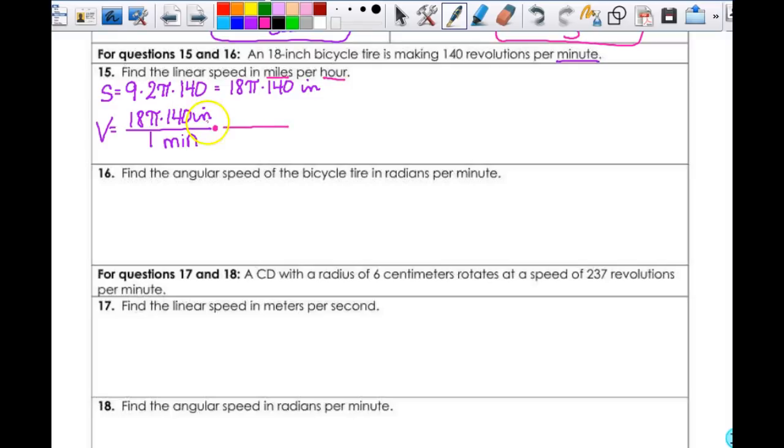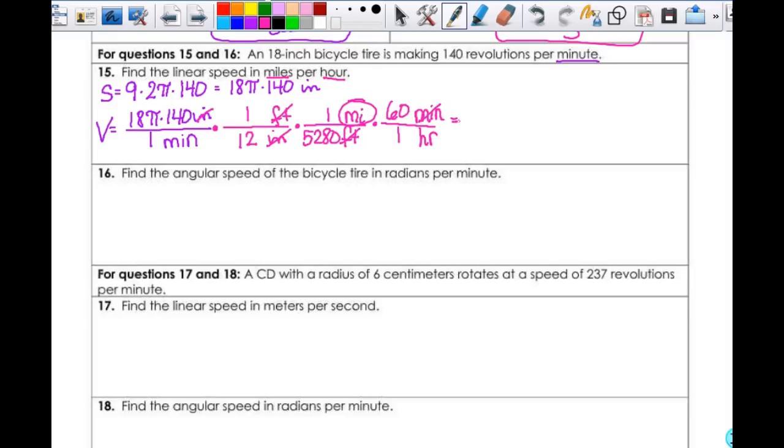I want my inches to reduce out, so I'll make those into feet. 12 inches, 1 foot. Then I've got to cancel my feet out so I can get miles. 5,280 feet in 1 mile. So I've got my miles. And I don't want minutes, I want hours. So the minutes get canceled out and hours down here. So I get 60 minutes and 1 hour.